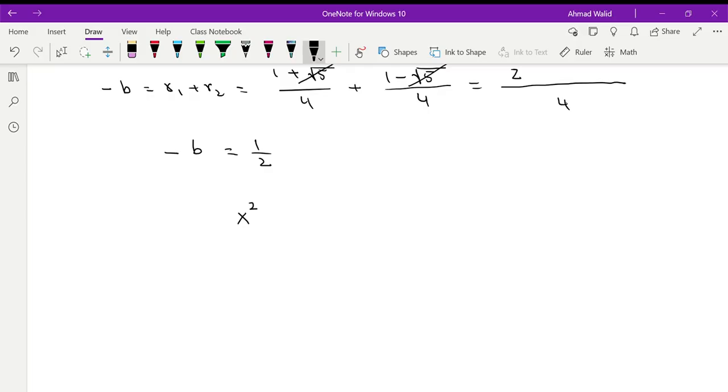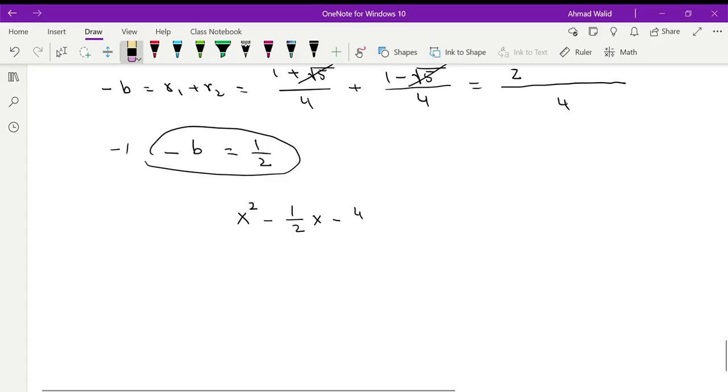It means your b is negative 1/2, right? Minus 1/2 of x. It means that when you multiply both sides of this equation by negative 1, you end up with b equals negative 1/2, correct? Negative 1/2 x. And how much was c? Your c was negative 1/4. Negative 1/4 equals 0.